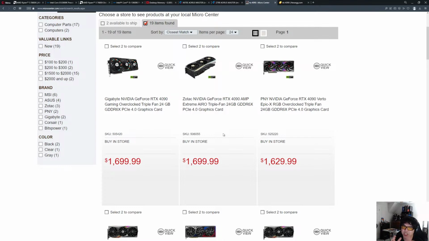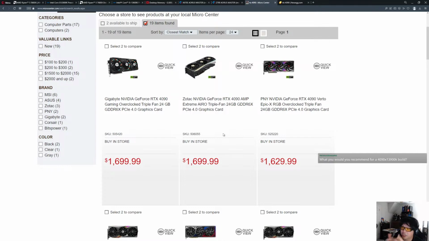North America, Canada and the US typically get the same brands, but I wouldn't be surprised if Canada gets more Zotac and Gigabyte, and America gets more PNY and MSI, but then both get Asus. I'm just curious about those sort of things.